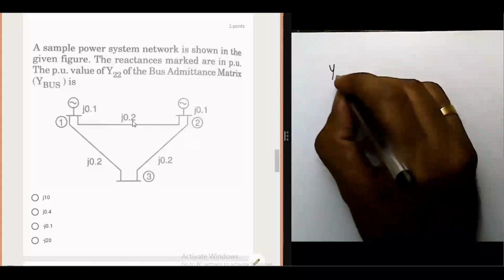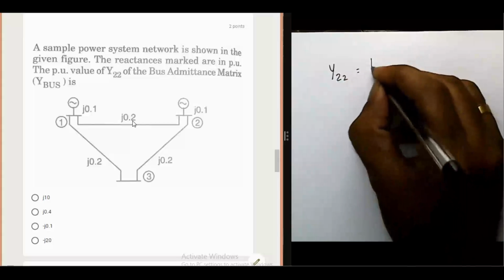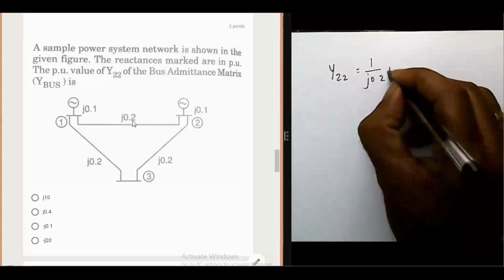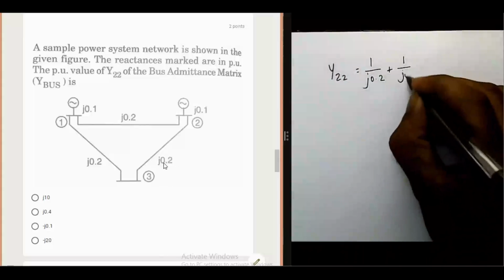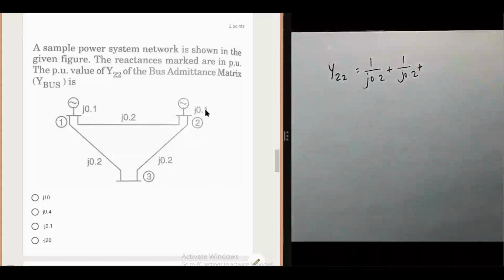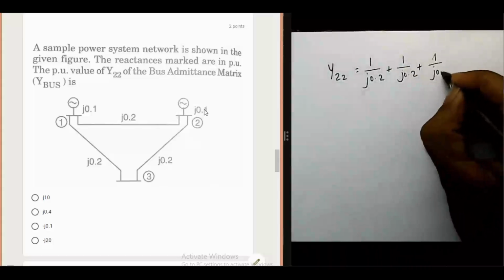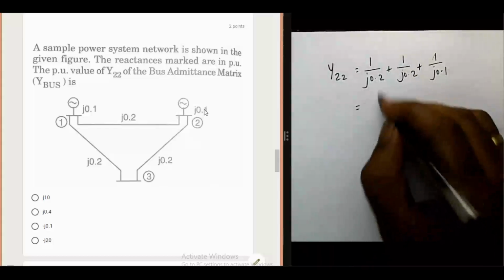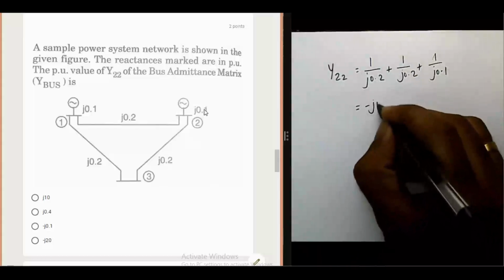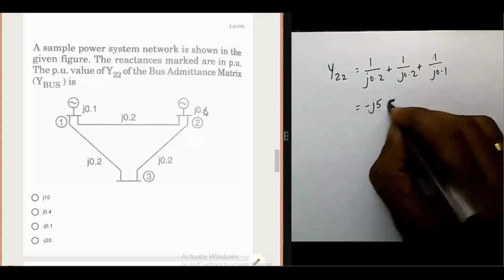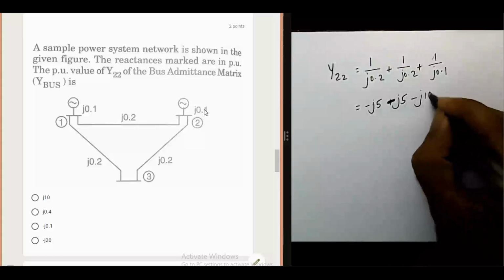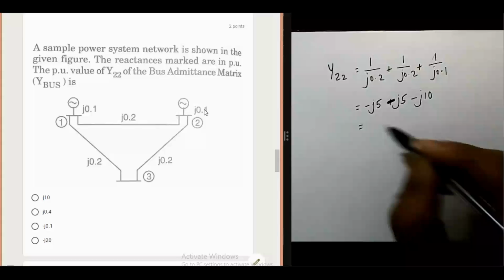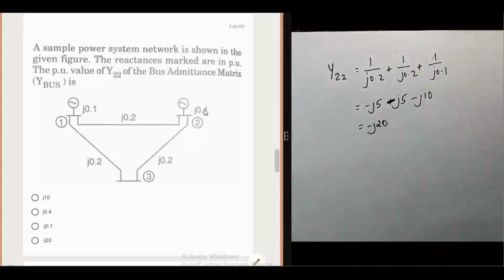Here I write Y22 is equal to 1 divided by j0.2 plus 1 divided by j0.2 plus 1 divided by j0.1. 1 divided by j0.2 is minus j5, plus again minus j5, plus minus j10, since 1 divided by 0.1 is 10. That is equal to minus j20. The answer is minus j20.